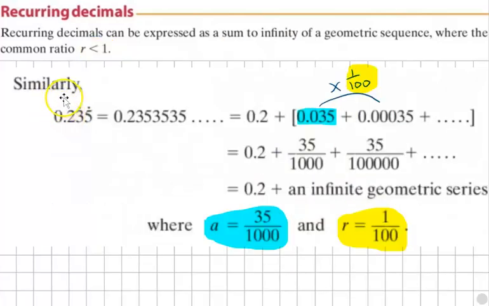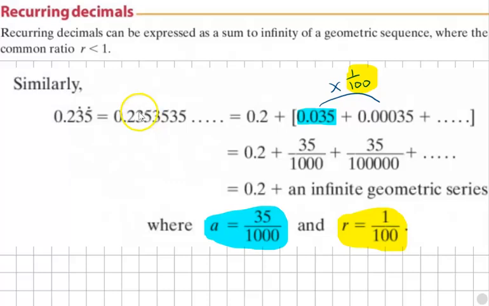Similarly, we can take 0.235 recurring. So notice that the dots are above the 3 and the 5 only. They're not above the 2. So this can be written out as 0.23535353535 dot dot dot on and on forever. So if we want to break this decimal down into a sum of fractions, we start off with 0.2, and then we add on 0.035.